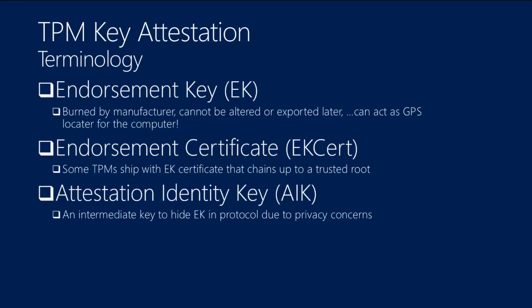Those keys are infused into the TPM on the manufacturing floor when the TPM is created. Those keys cannot be tampered with or exported. However, the problem with those keys is they're unique for this machine, and they can be very easily used as a GPS location for those devices.